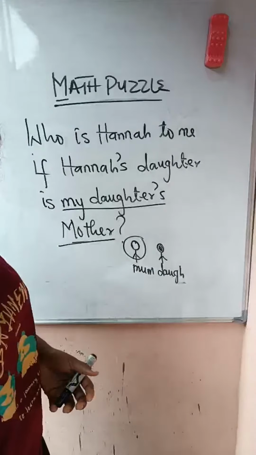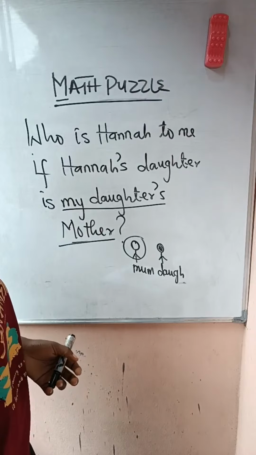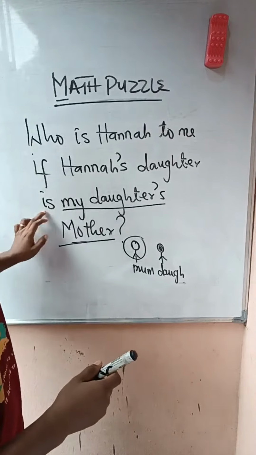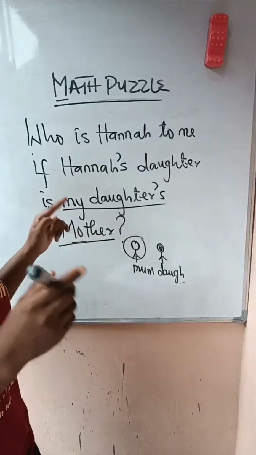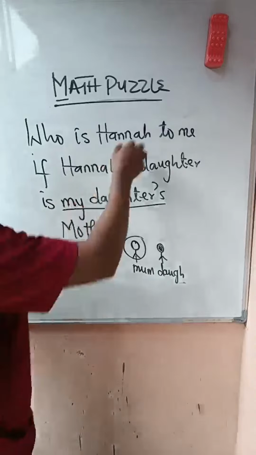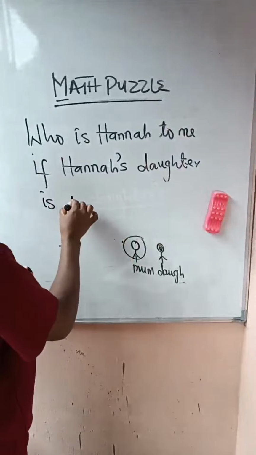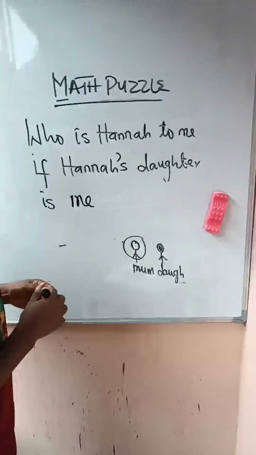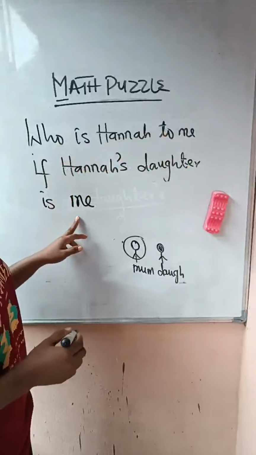So indirectly, that last sentence is saying it is me, right? Because my daughter's mother is me. So we are going to replace the whole of this with me and then read the question again. Now the question says, who is Hannah to me if Hannah's daughter is me?